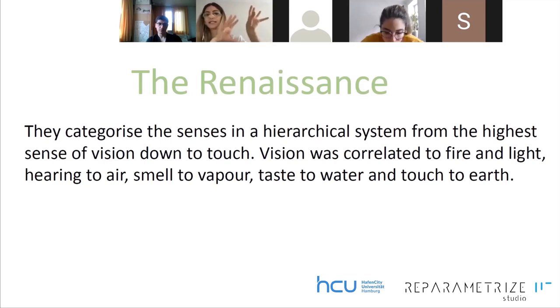And then they linked the senses to the sources of the planet we're living in. They correlated vision to fire and light, hearing to air, smell to vapor, taste to water, and touch to earth.